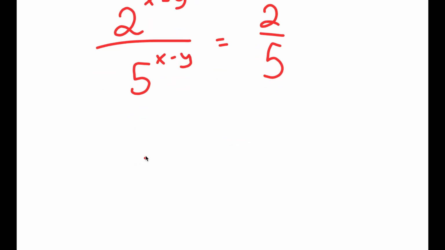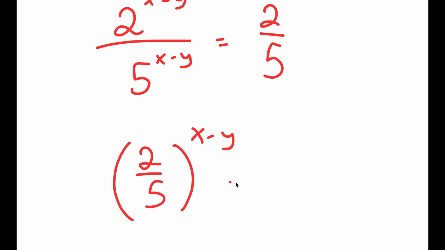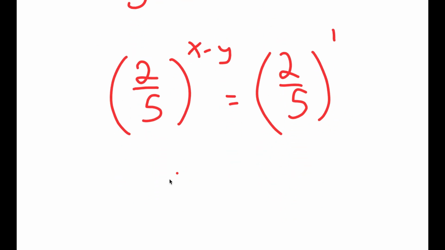Now this is the same thing as 2 over 5 to the power of x minus y is equal to 2 over 5 to the power of 1, meaning x minus y is equal to 1. So this is equation number 4.